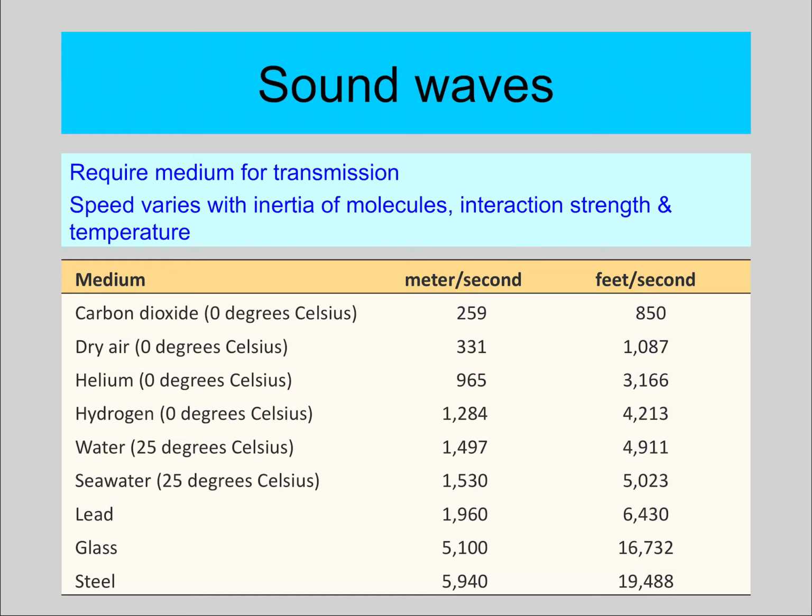Okay. And when we start thinking about things like water versus seawater, we can see that the speed of sound is roughly the same. And then when we start talking about lead, glass, and steel, these are our solids. And the sound is going to transmit even faster through steel, glass, and lead than in regular air.